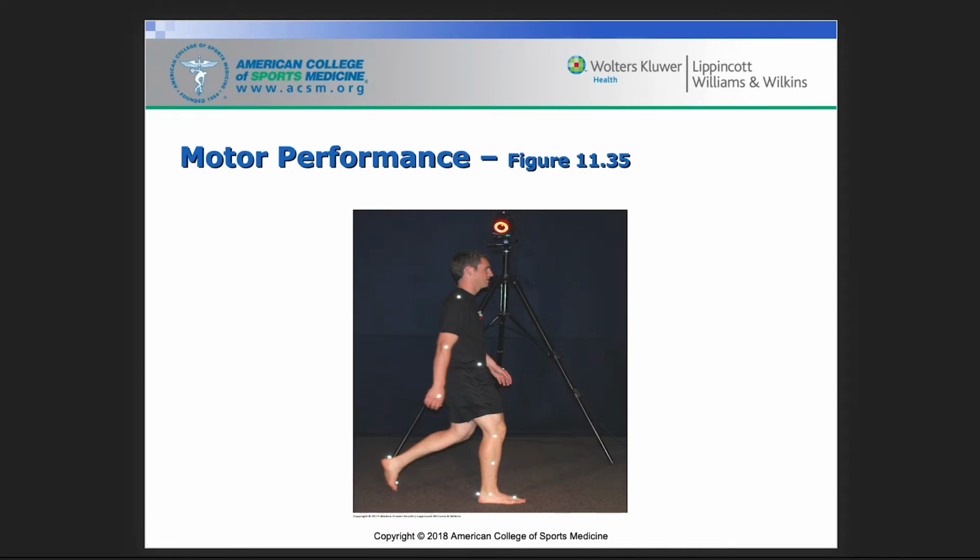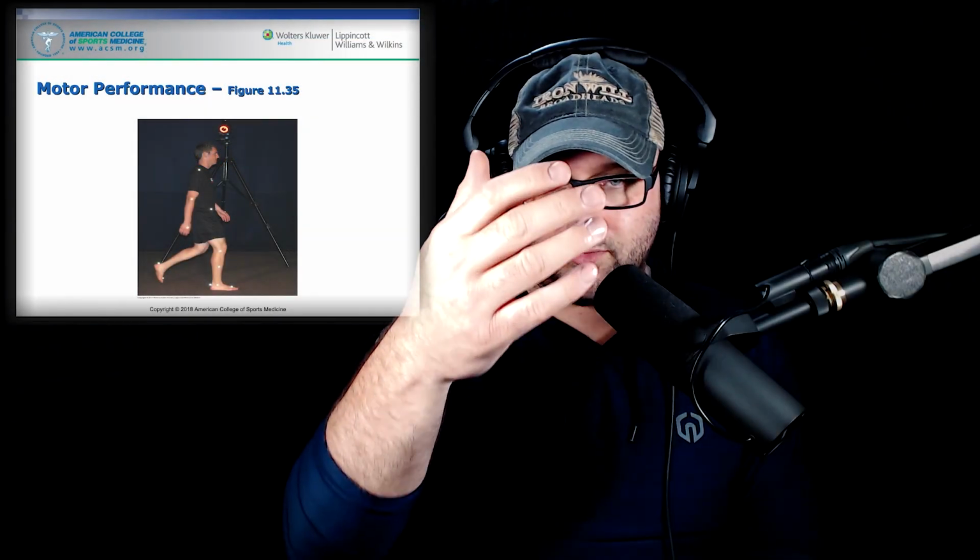One other thing I wanted to mention is a picture here of a guy that's walking, obviously. You can see that there are little white spots on him in different locations. Those are sensors. Those sensors are going to be put into a computer and it's going to analyze his gait. You can wear a whole suit like this. You can put these little sensors on different places.